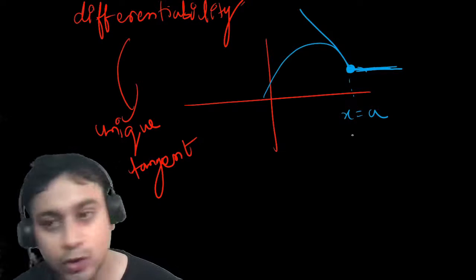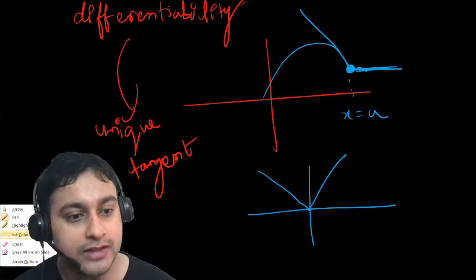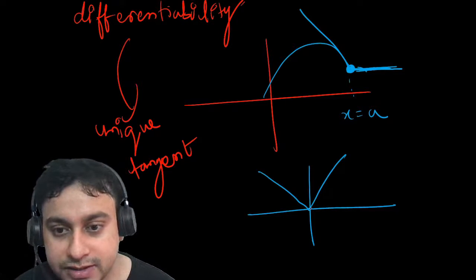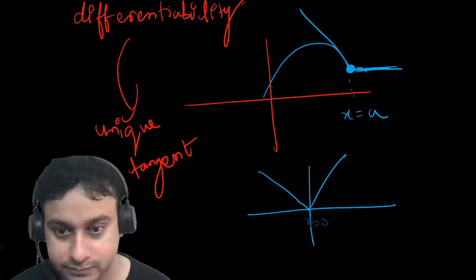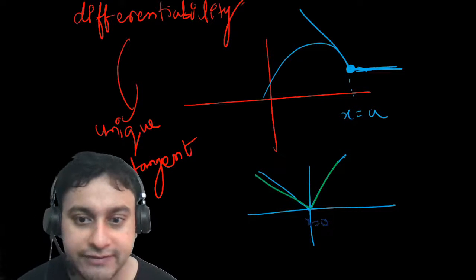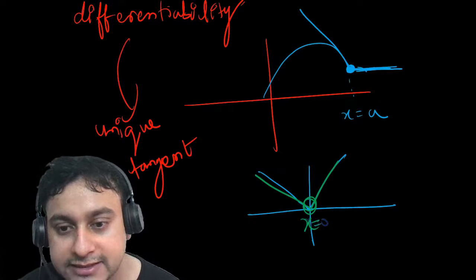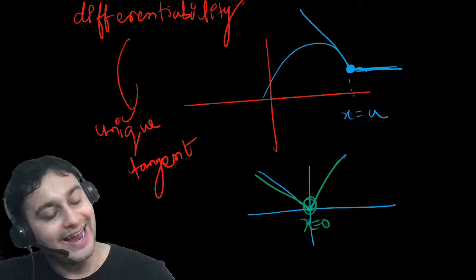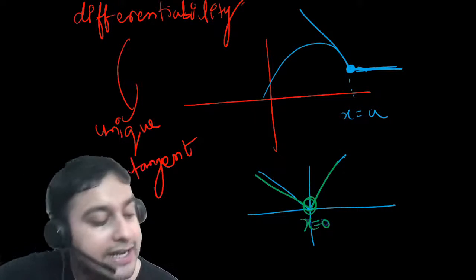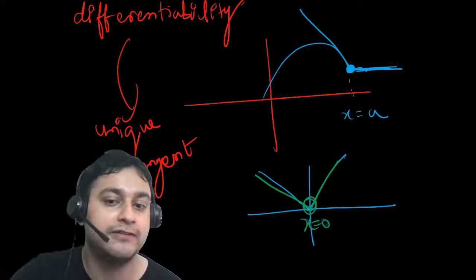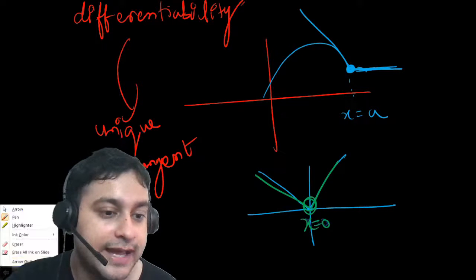If you look at one more graph, like mod x, just after x equals 0 we have this tangent, and just before this we have this tangent, because the tangent of a line is the line itself. So at a particular point I am getting two tangents, just before and just after. That is where the sharp point is created, and that is why we don't call that function differentiable at that very point. So there should be a smooth tangent over there.